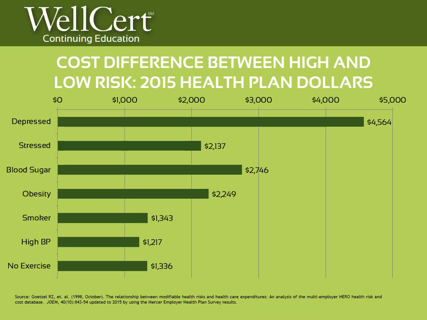That's health plan only. Stress costs, you are going to have a $2,100 differential. Elevated blood sugar, 27, obesity, 22, smoker, 1,300, high blood pressure, 1,200, no exercise, about 1,300. So again, this is more data that relates back to our issue of being able to look at the increased cost of health plan coverage for individuals that have key health risk.